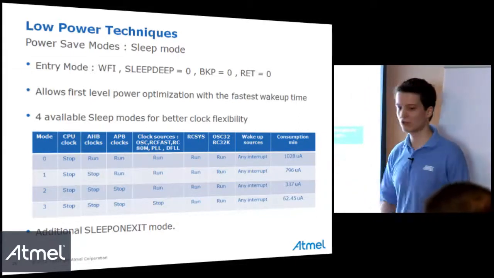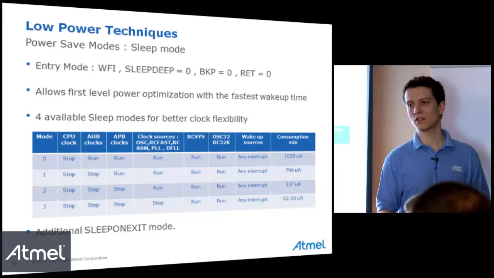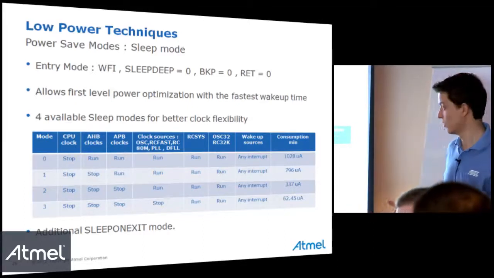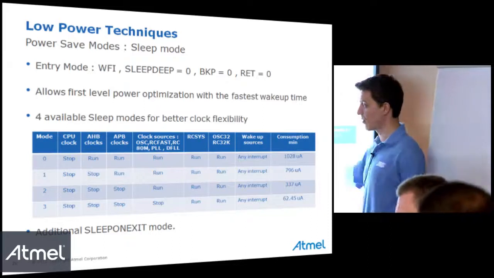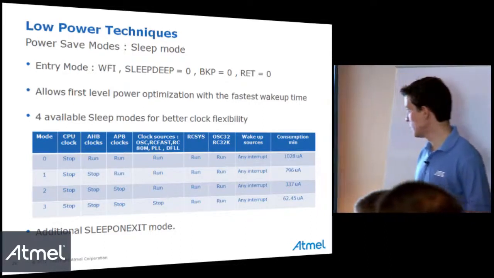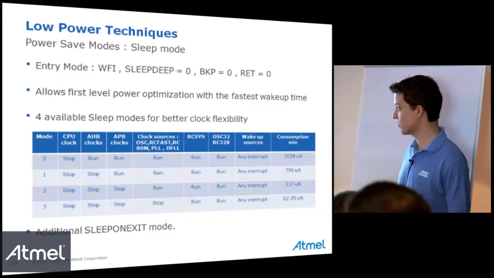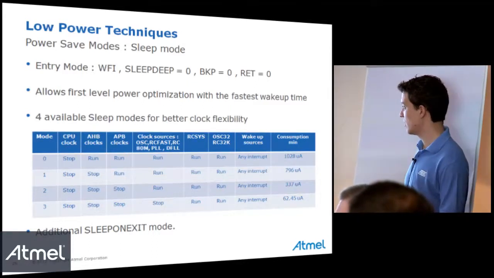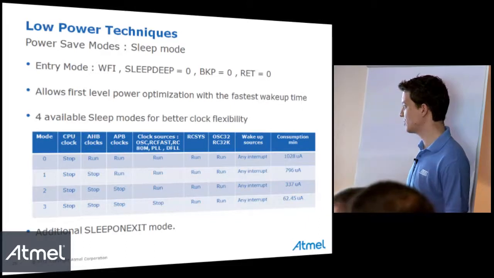In order to generate the interrupt, you need a peripheral, and the peripheral must be clocked. So you have to select the mode that clocks your peripheral. Depending on the mode and how many clocks are clocked, you will be able to decrease the consumption.